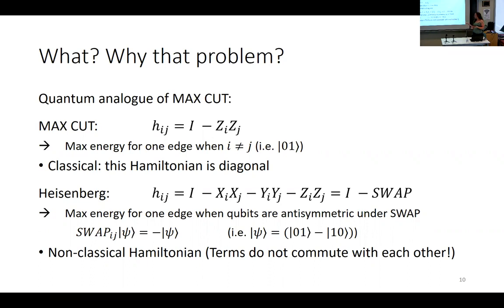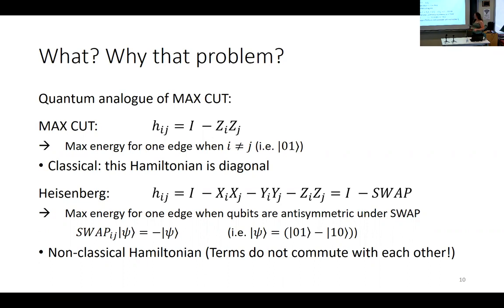In the Heisenberg model, this is equivalent to I minus swap. And so the maximum energy for one edge is when you put a singlet state on that edge. So it's sort of the quantum analog of difference across an edge, where when you swap them, it's antisymmetric. And so this is non-classical because the terms in this Hamiltonian don't commute with each other. And so that's how it's the quantum analog.